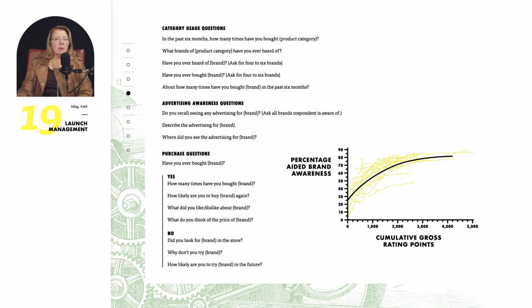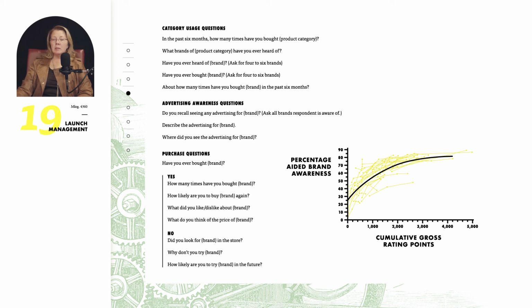So what I wanted to be sure was clear here is that you actually have to be collecting that information. You have to have a way to get that information from consumers. And so you may have a group of people out in the shopping mall asking people, and I'm just going to point out this question here: Do you recall seeing any advertising for this brand?